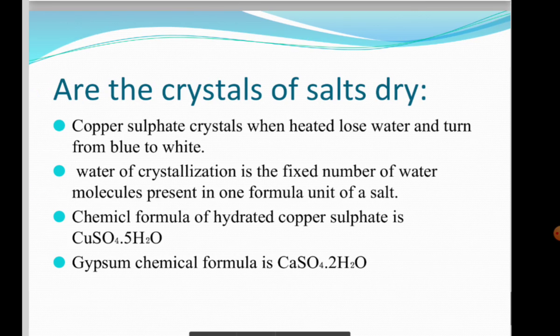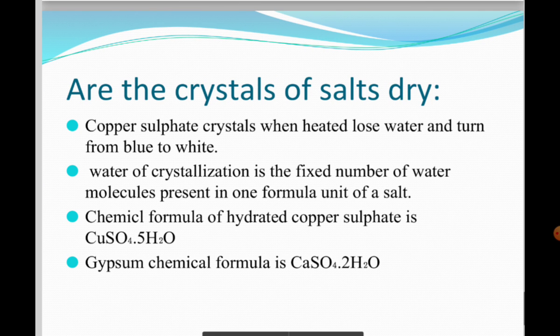Next, are the crystals of salt dry? Now let us answer this. Copper sulfate crystals, when heated, lose water and turn from blue to white.